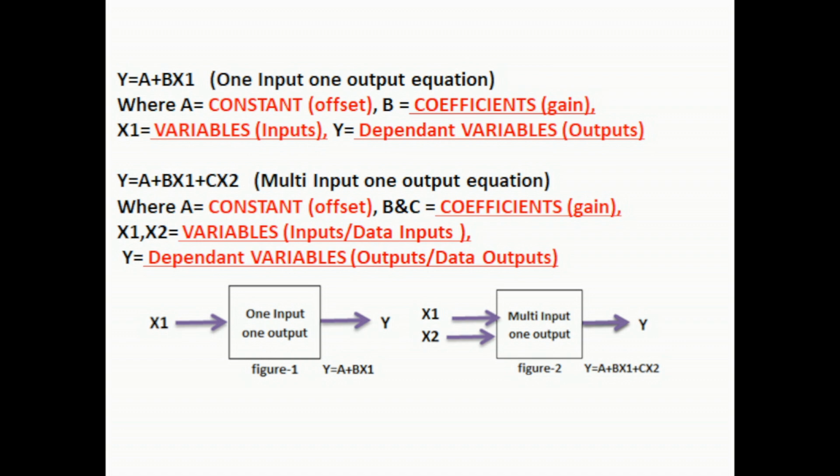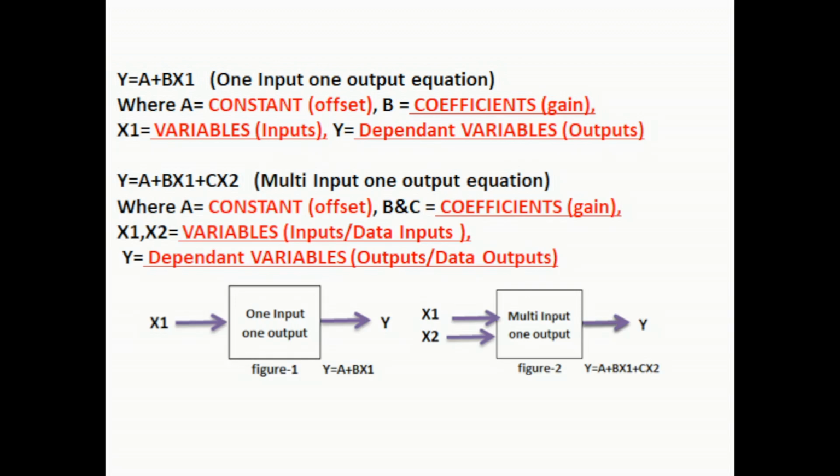You see here figure 2, the equation is y equal to a plus b x1 plus c x2. Multi-input, one output equations. X1, x2 are inputs, y is the output. So it is called multi-input, one output equations.